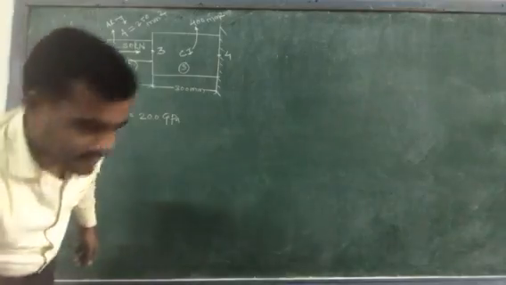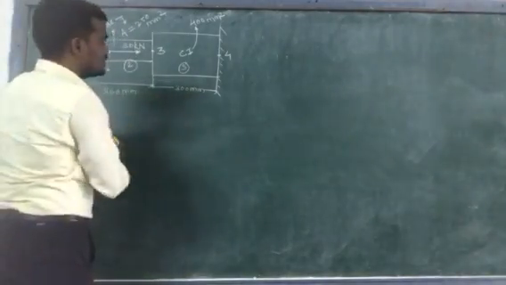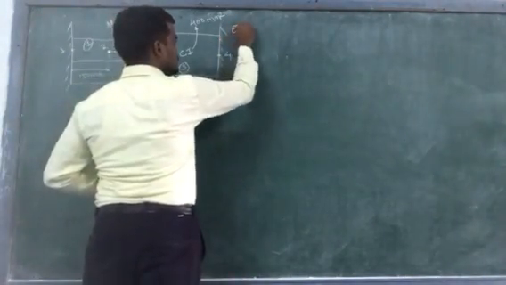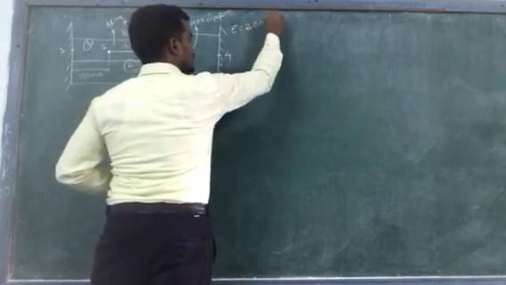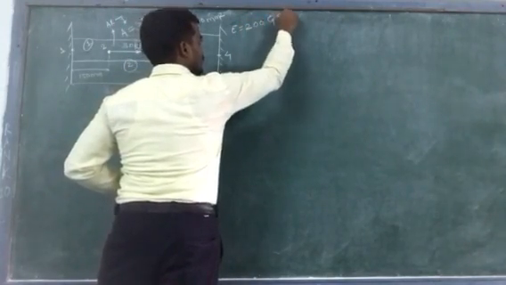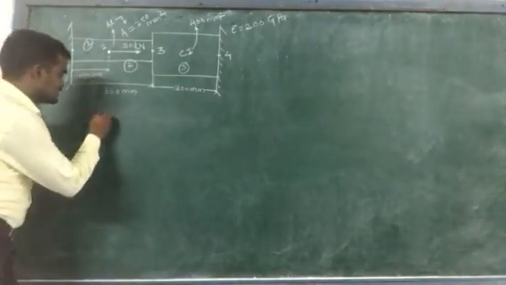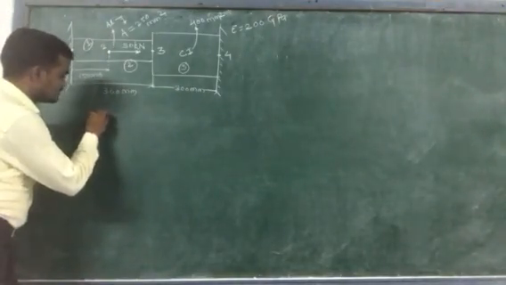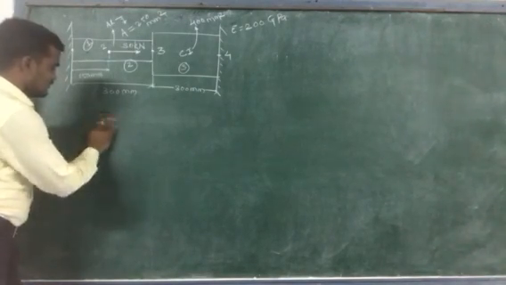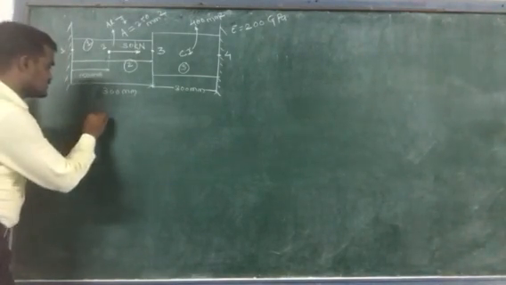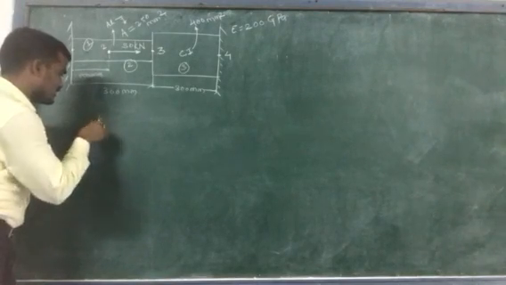Okay. So E is equal to 200 gigapascal. Okay. Now, first is to find out the elemental stiffness matrices. For example, the elemental stiffness matrix we will denote by K1.